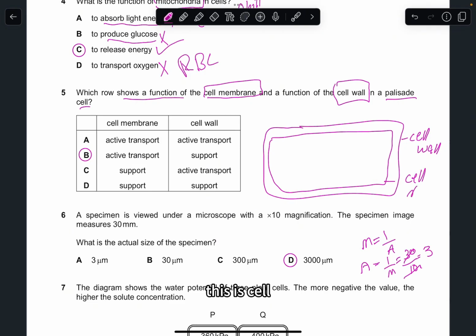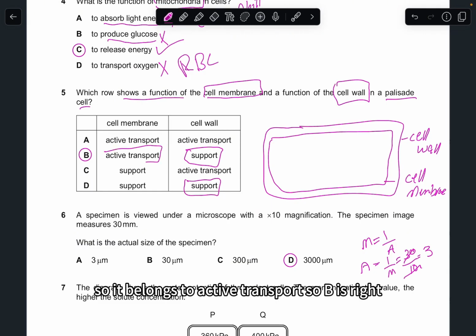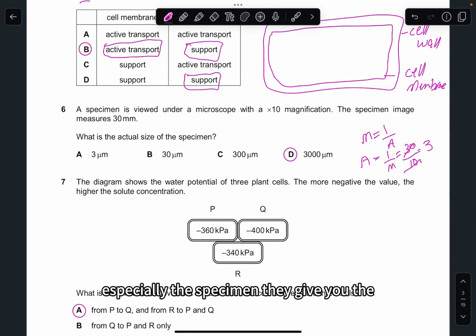The cell wall gives support to the cell, strength. And the cell membrane is partially permeable. It allows particles to move in, so it belongs to active transport. So B is right.